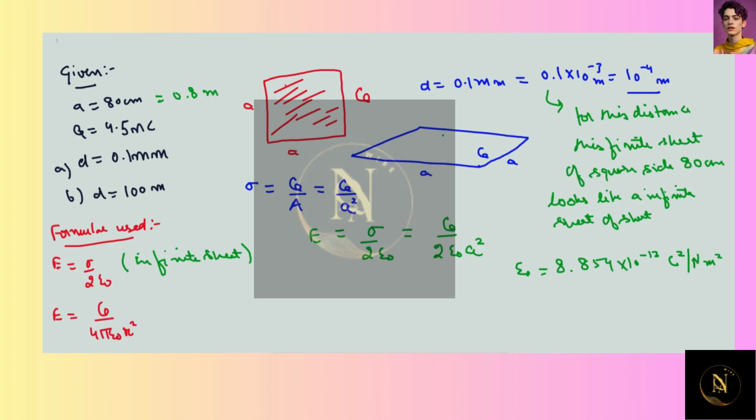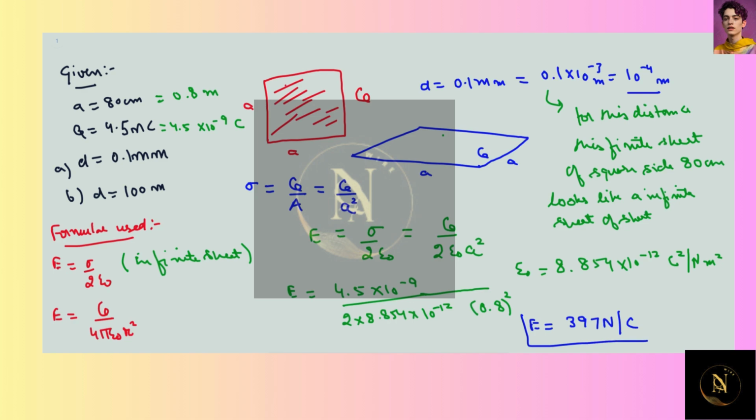Putting in all these factors, E is 4.5 nanocoulomb, which is 10 to the minus 9 coulomb, over twice 8.854 into 10 to the minus 12 times 0.8 square. Calculating this, it comes out to be 397 newton per coulomb. This is your answer for part A.